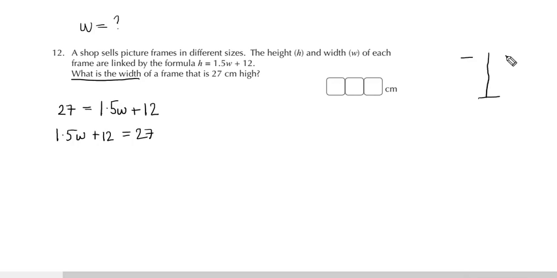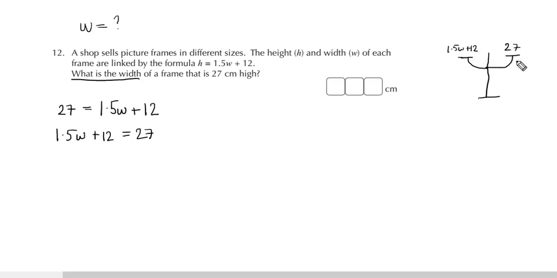So this is an attempt to draw a balance scale. Here we have 1.5 w plus 12, that's not an h, that's plus 12, and that is of equal value to 27.